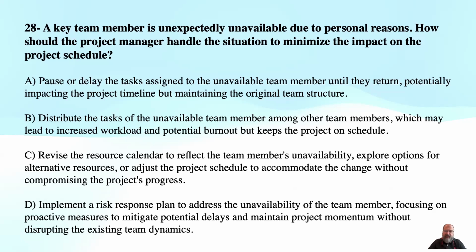Now let's see why other options are incorrect. For example, option alpha, pausing or delaying tasks assigned to the unavailable team member may impact the project timeline and could potentially lead to delays. It does not proactively address the issue of the team member's unavailability.